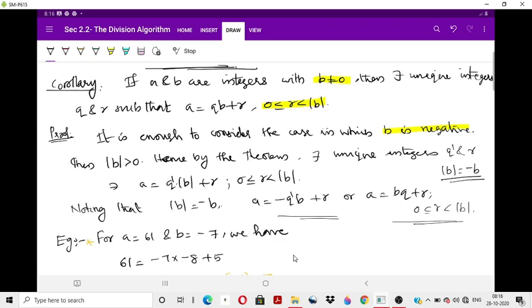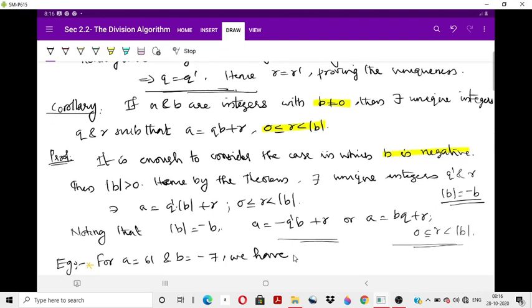Now let's discuss some illustrations. Let a be equal to 61 and b equal to minus 7. What will be the quotient and the remainder when 61 is divided by minus 7? Here b is negative.